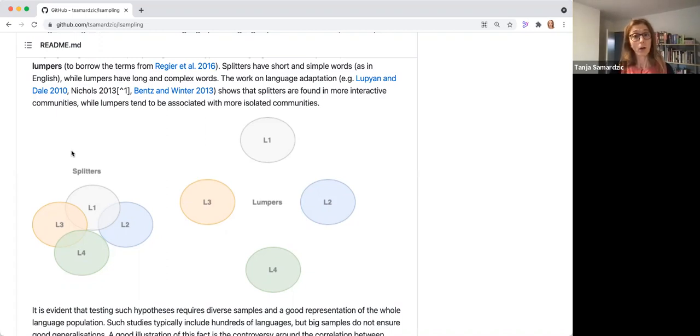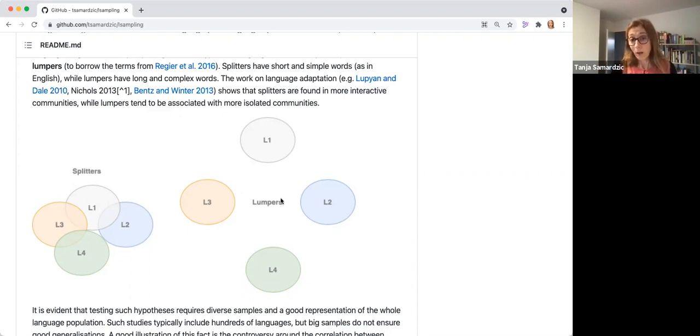For example, this paper says that there are more adult second language learners. So those languages are interacting more between them, and that somehow seems to be driving languages to have shorter and simpler words.